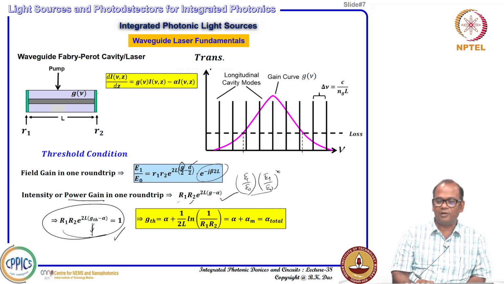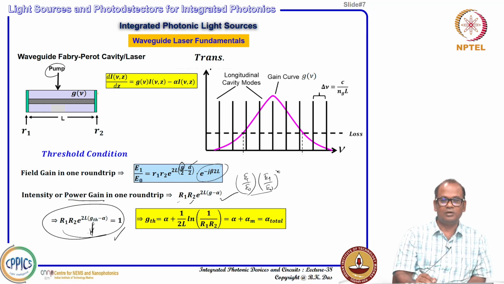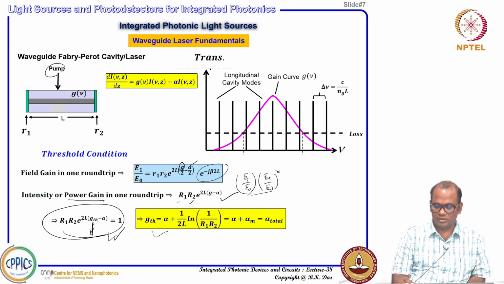That gain coefficient can be controlled with the pump power level, basically externally, depending on your pump supply. So, now from here you can find G threshold equal to this expression.